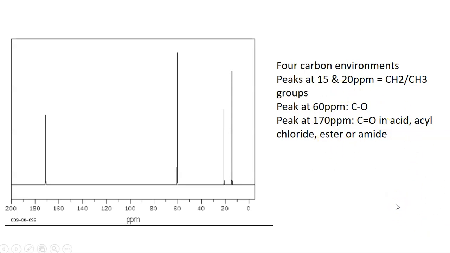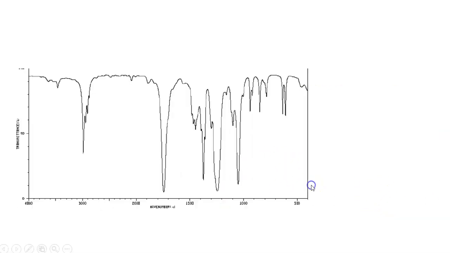So what I know right now is quite a bit of information. I've got 4 carbon atoms, molar mass of 88, no nitrogen, no chlorine, no bromine, and 2 carbons that are connected to oxygens, one with a double bond and one with a single bond.